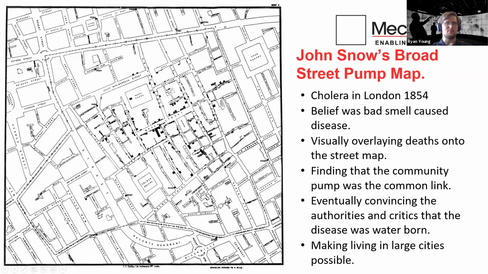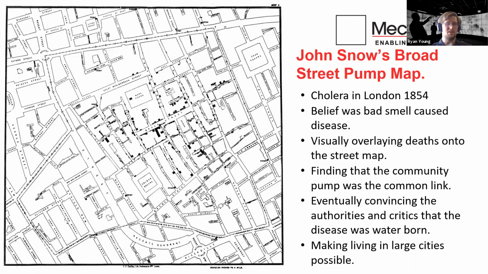And they started to notice a pattern that all of the deaths in the area were circling this water pump on Broad Street. Eventually, the map led them to investigate the pump and found that indeed the cholera was being spread from this pump. Waste was seeping into it.